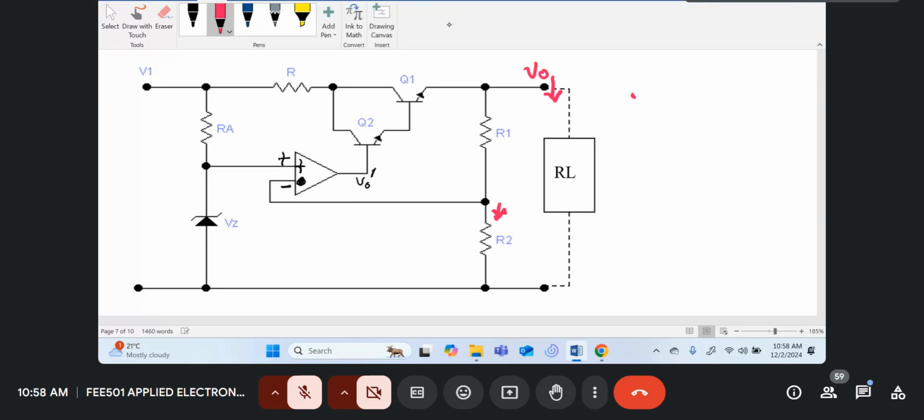And this voltage going down will be fed back to the minus input of the amplifier. The other side is fixed at Vz. And therefore the output will go up, because you're feeding it to the minus input of the op amp.